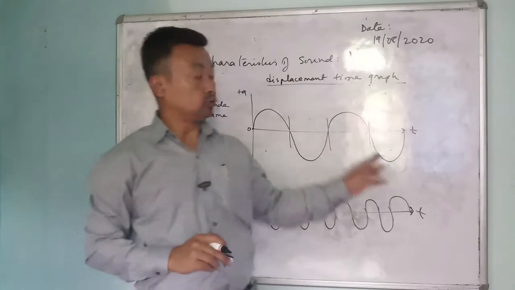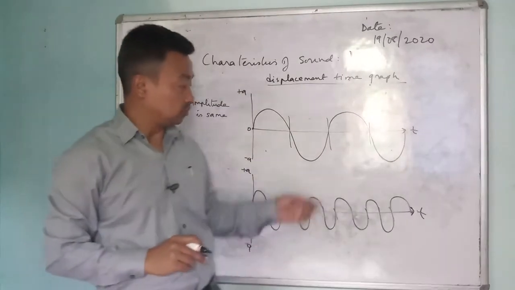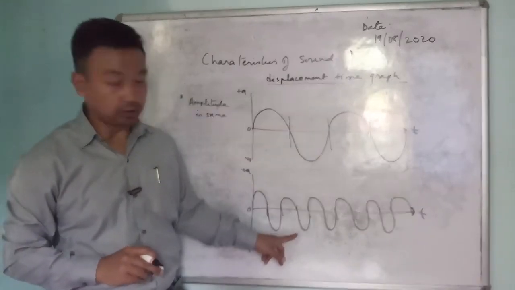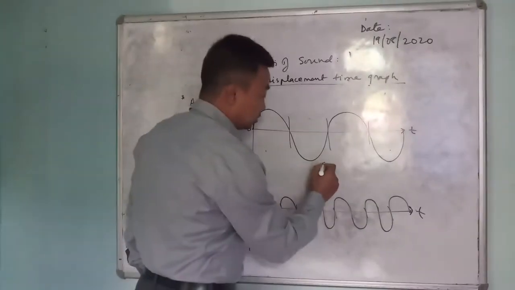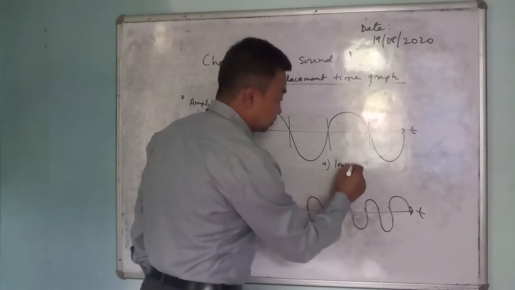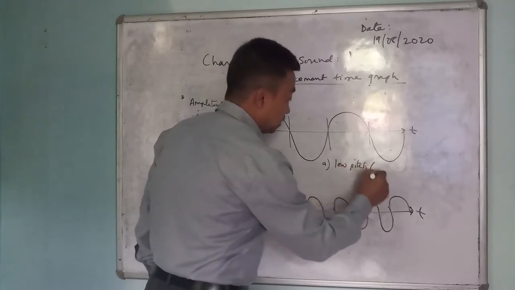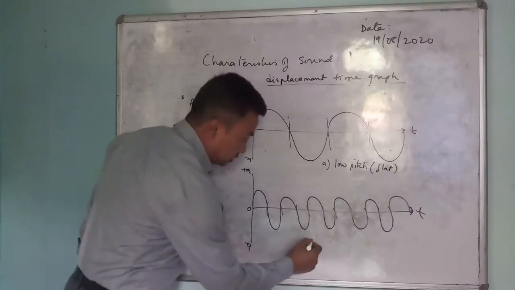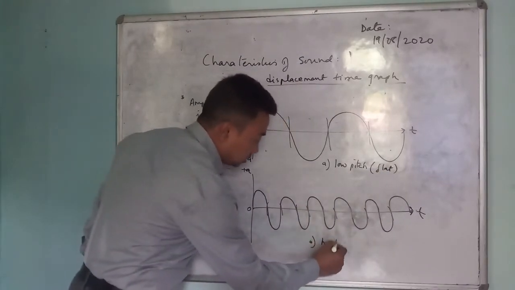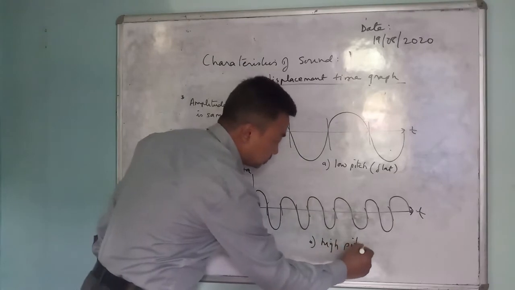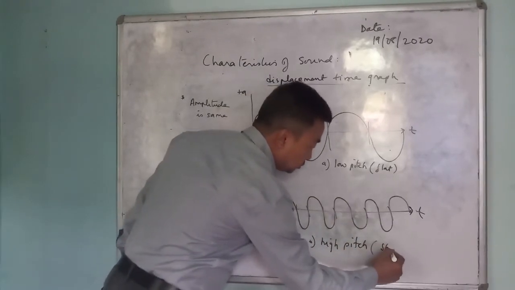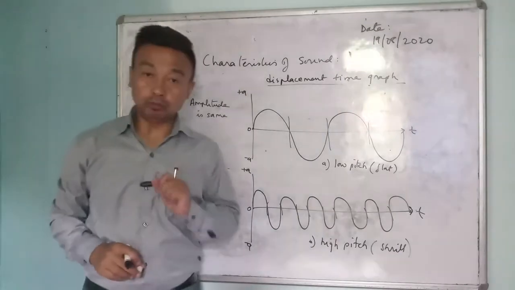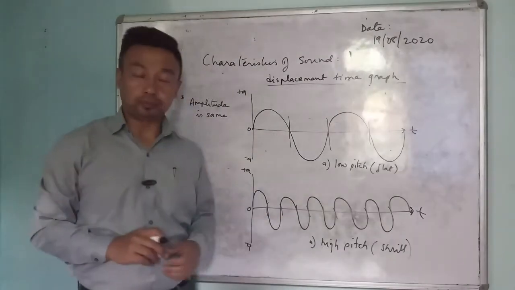You have a less number of waves. Here we have a more number of waves, means it has got a less frequency, and this has got more frequency. So this is called a low pitch sound, or it is also called a flat note, and this one is called a high pitch, or it is also called a shrill note. So basically in the pitch, the most important factor is frequency.